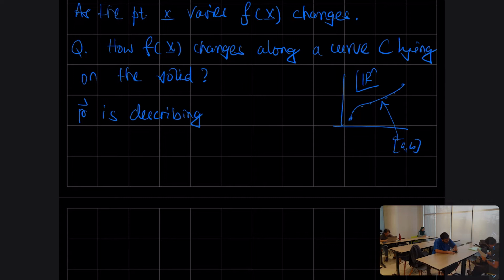And the composite, which is G of T, measures the temperature as a function of T instead of a function of X.